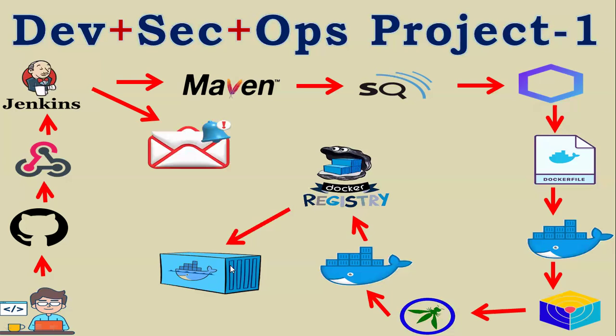But here we are not using on-premise Kubernetes, and we are not using Docker Swarm. We will see the next process to deploy on cloud also. We are using the same environment and the same flow for on-premise and on cloud also.